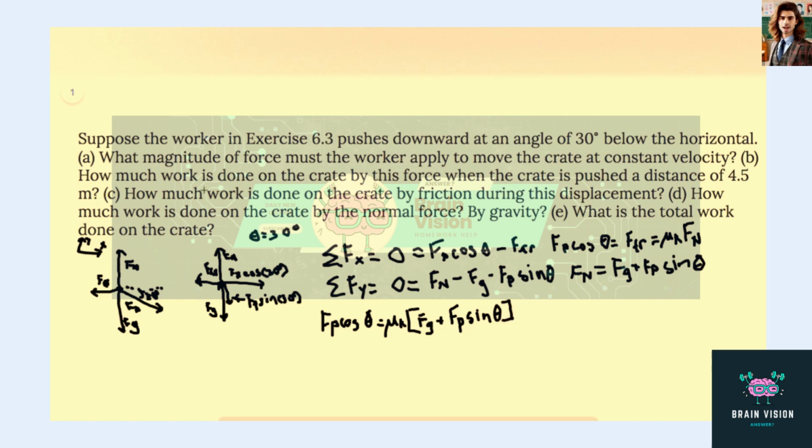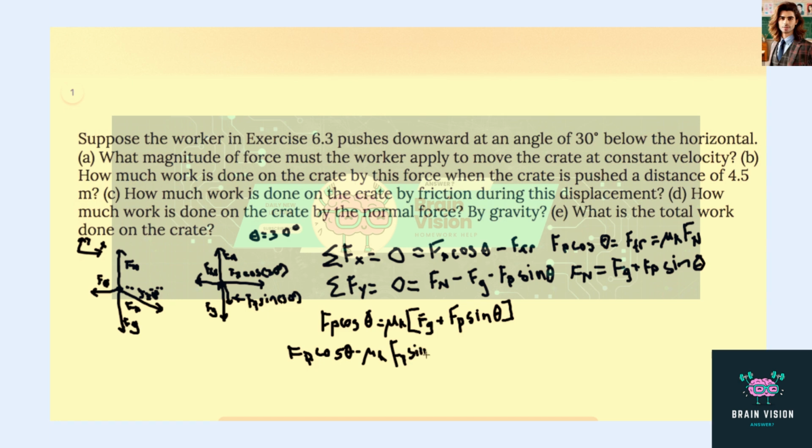And so in this first part, we're trying to calculate the magnitude of Fp. So I'm going to want to move this expression to the other side and pull out Fp and isolate the variable. So we first have Fp cosine of theta minus mu k Fp sine of theta.